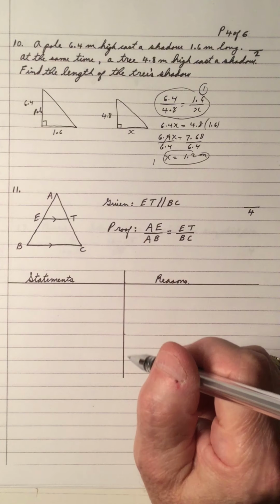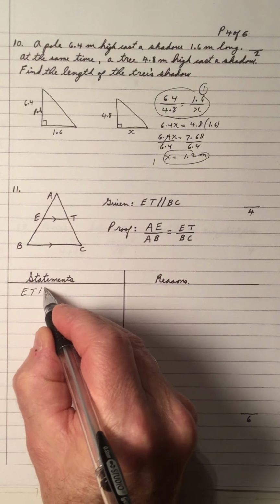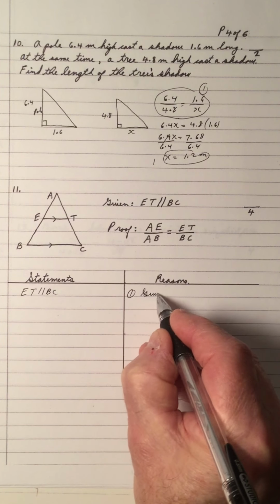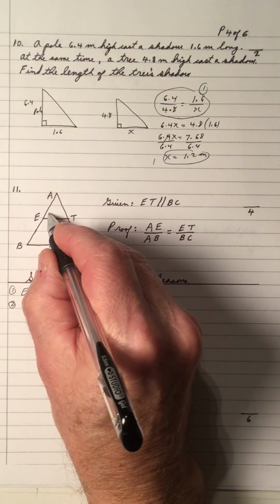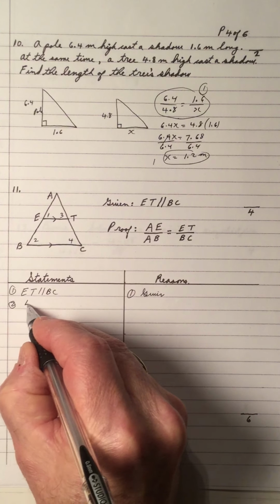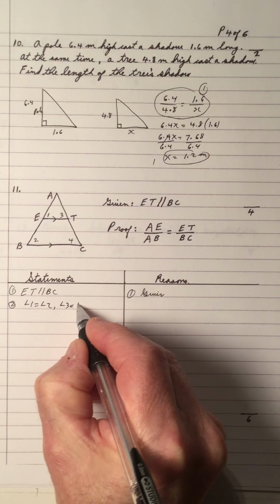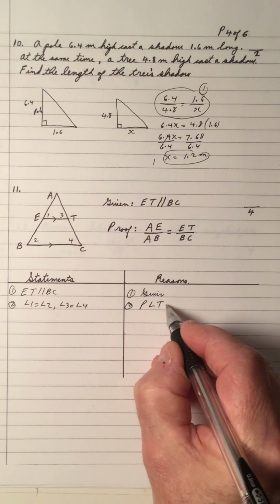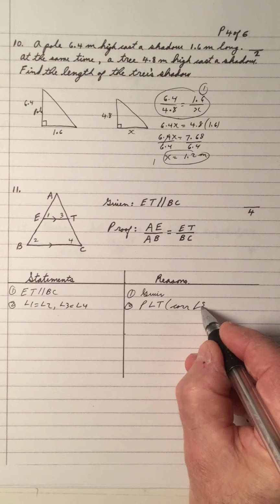So to get similar triangles, I need a pair of angles equal. So let's write ET parallel to BC, and that's the given. Now I can go with angle 1 equals angle 2, angle 3 equals angle 4, and that's PLT, parallel line theorem, and these are corresponding angles equal.